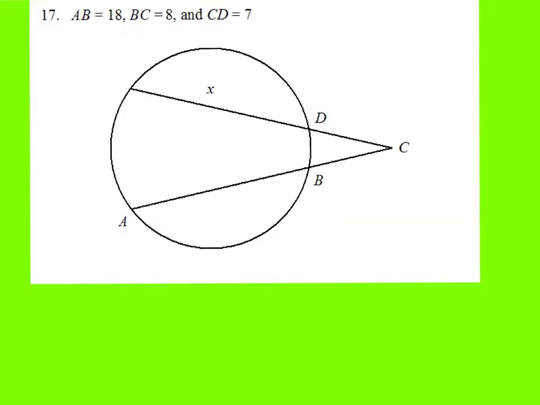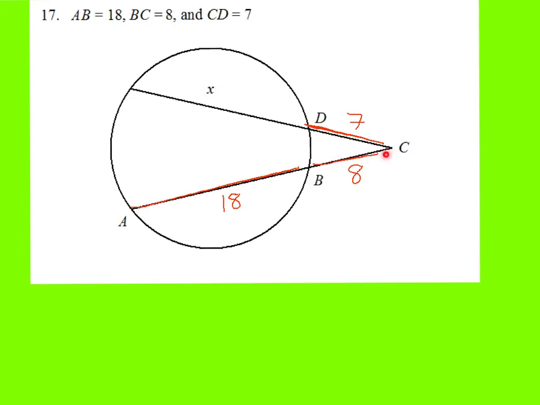In 17, we want to solve for x. It's given to us that AB is 18, that BC is 8, and CD is 7. Since we have two segments intersecting outside of the circle, we're going to say the whole segment times the outside is equal to the product of the whole segment times the outside.